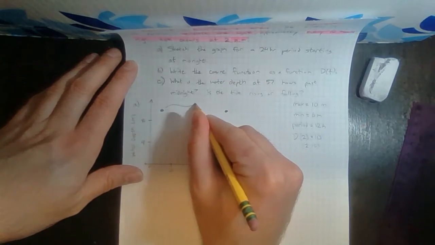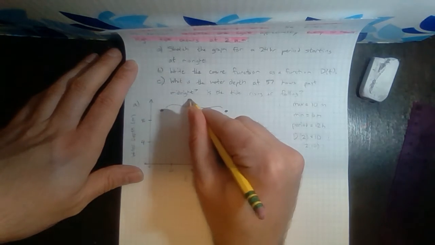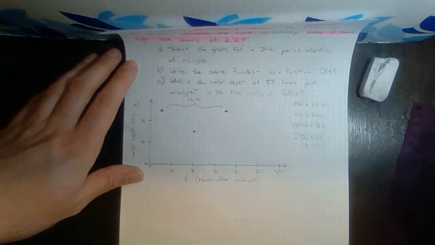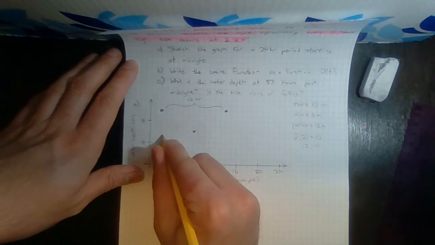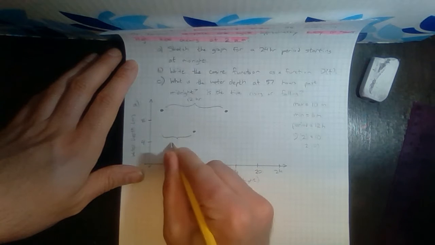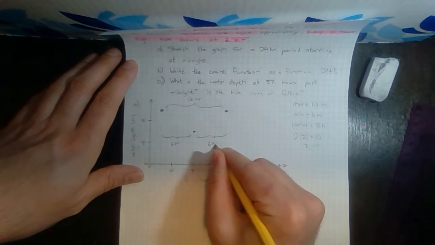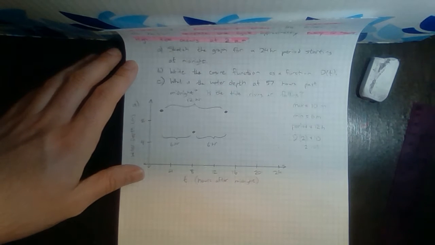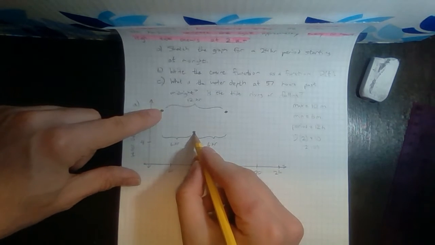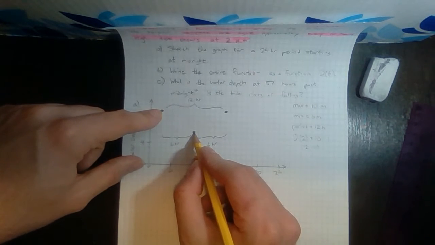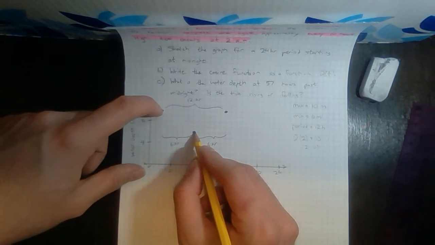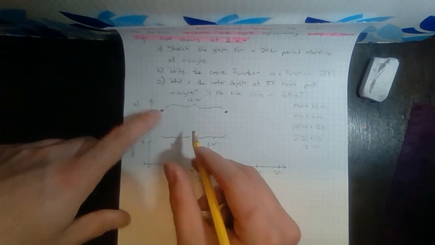So here, this was a 12-hour time period. And then this had to be 6 hours on either side here. Always halfway in between our maximum and minimums, that's when we're hitting our axis of symmetry.